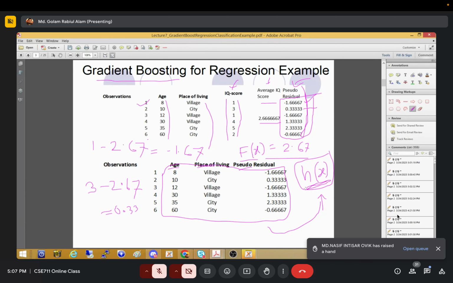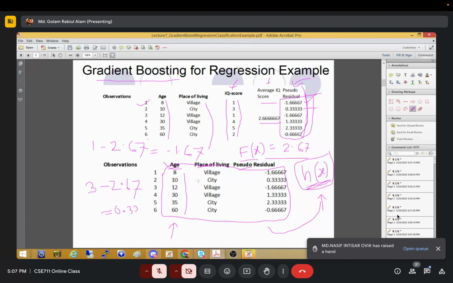Okay, so now how can we do that? We can see we have numeric values. So we know how to deal with numeric values from the discussion we had in random forest, and then maybe the regression tree and also AdaBoost. So at first we need to sort the data set in ascending order of age.